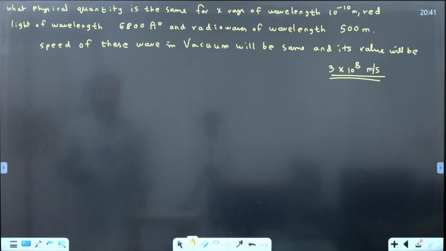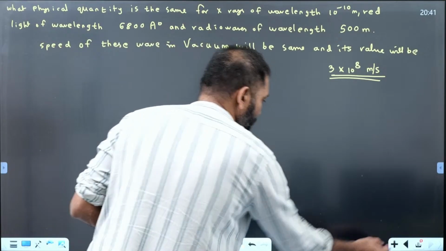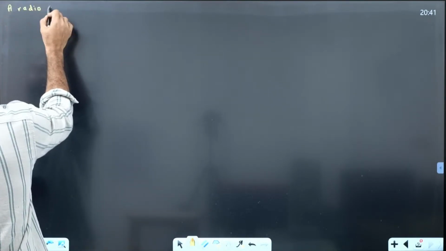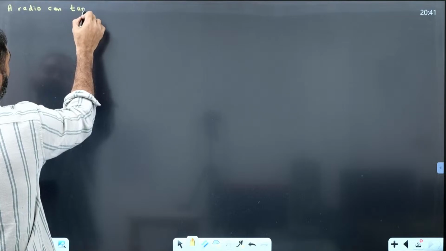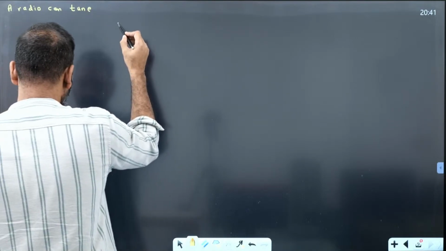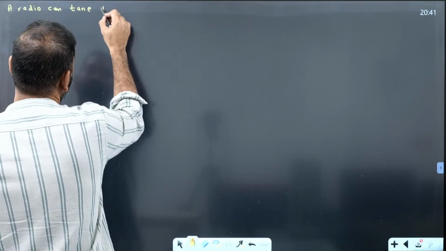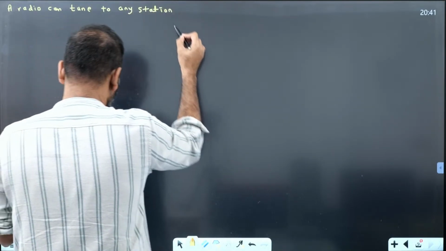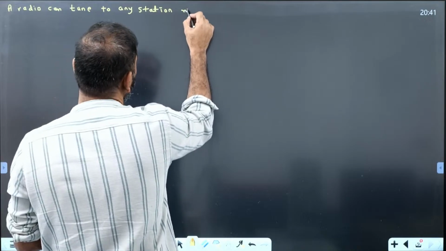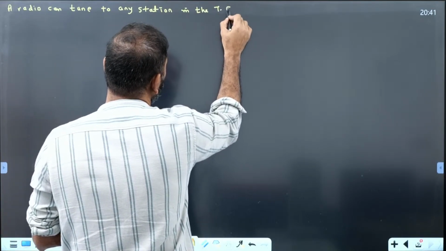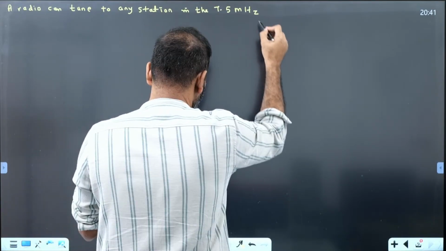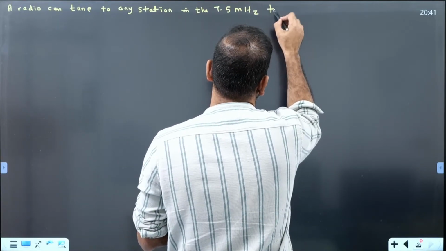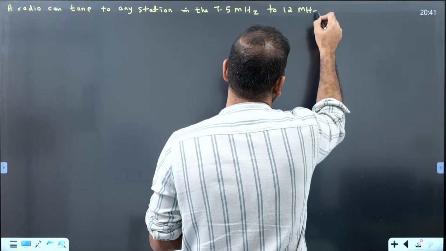Another question. Again, textbook problem. A radio can tune. Tune means selecting of frequency. It can tune to any station in the 7.5 megahertz to 12 megahertz band.